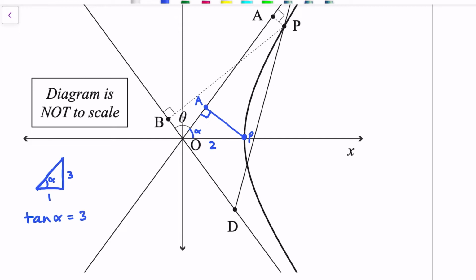And from that, we can find the area of that triangle. So we've got half base times height. Length AP, which we're trying to find, because we also want to find the length down here, which is the same.